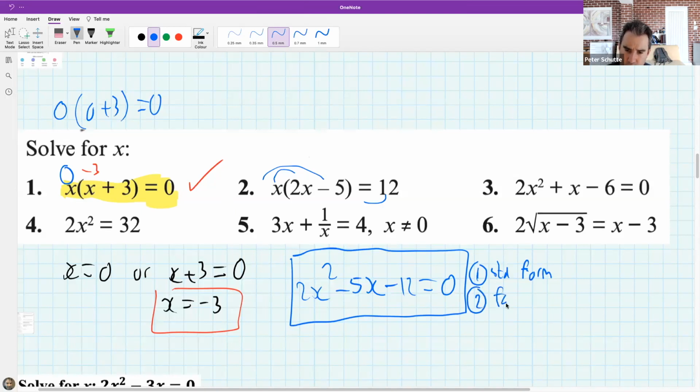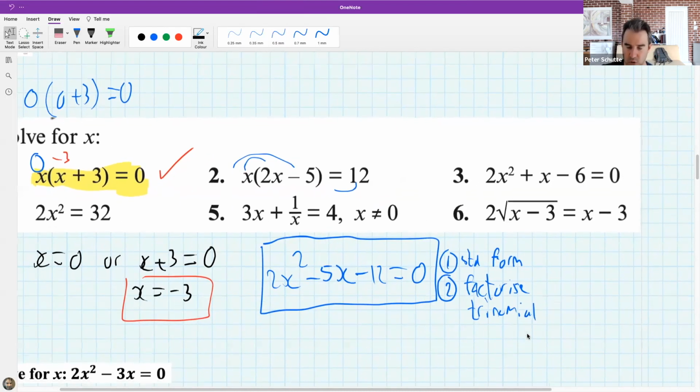Step 2 is to factorize, and I'm going to suggest we use the trinomial method here to factorize this. Some of you who know about the quadratic formula, I understand you can use it here, but today we're focusing on how to factorize it manually. For those who don't know the method I'm doing, look at lesson 1. I do a lot of examples in lesson 1.